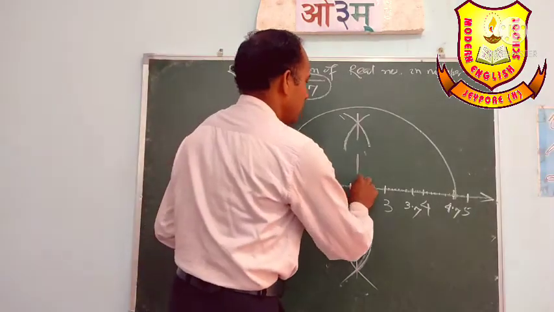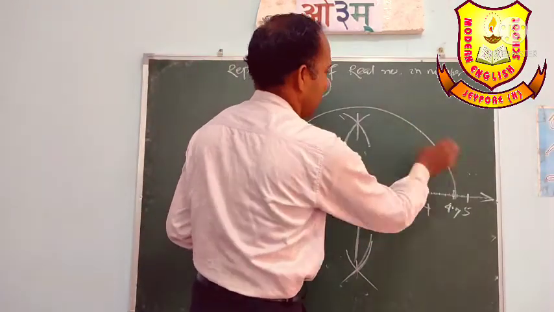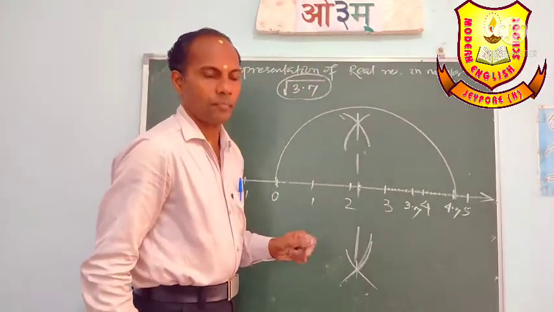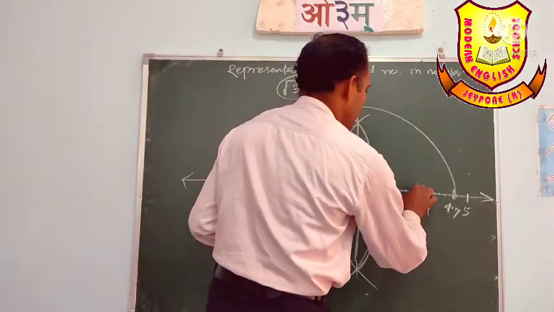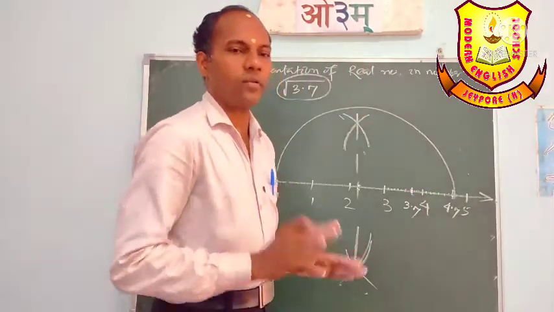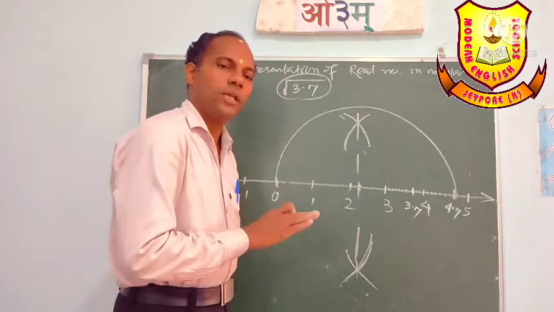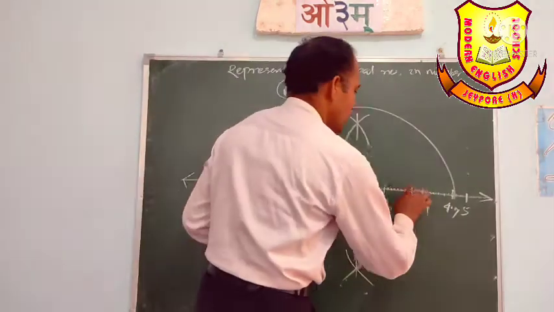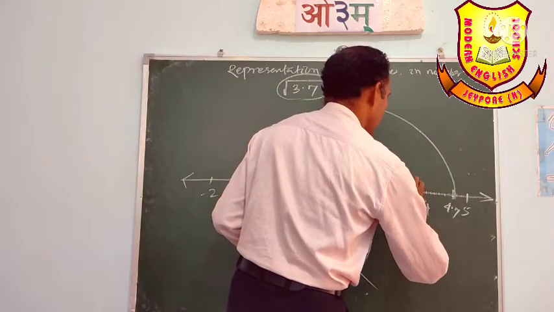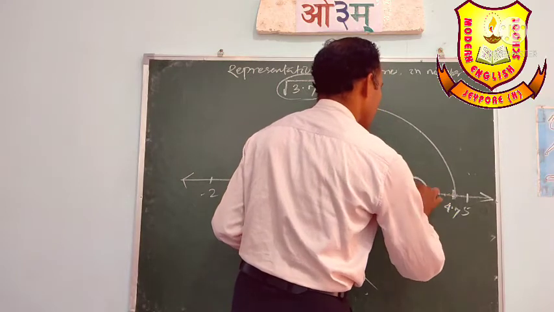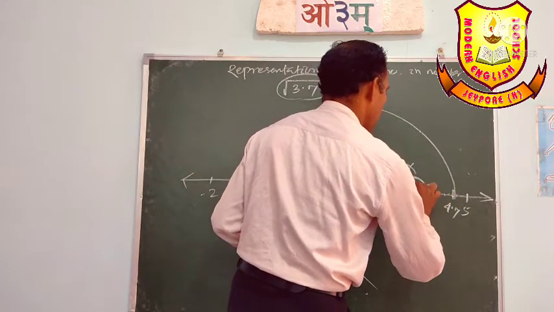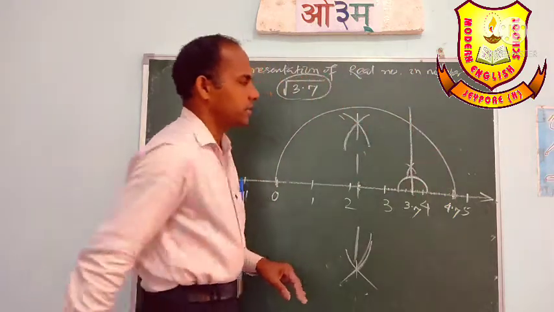Okay, now here you have already drawn the semicircle. Now at point 3.7, try to understand again and again, you have to draw a 90 degree line. The 90 degree line is drawn.